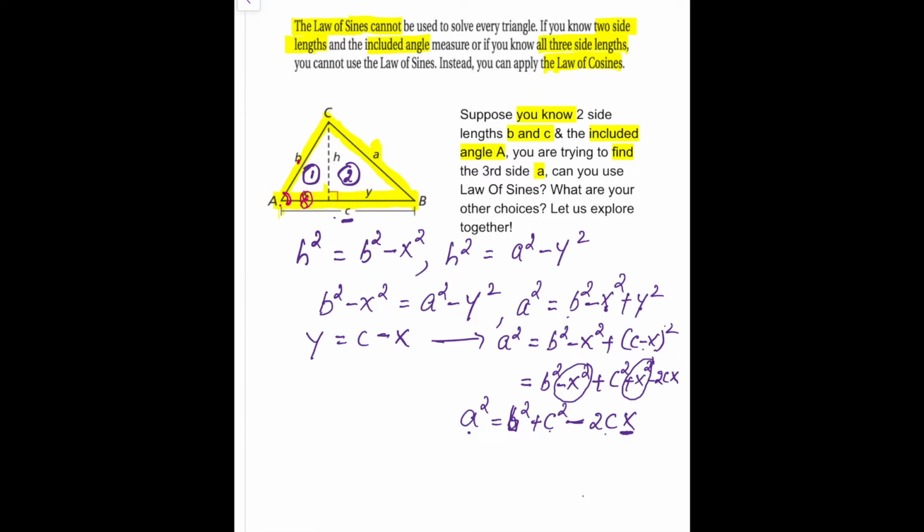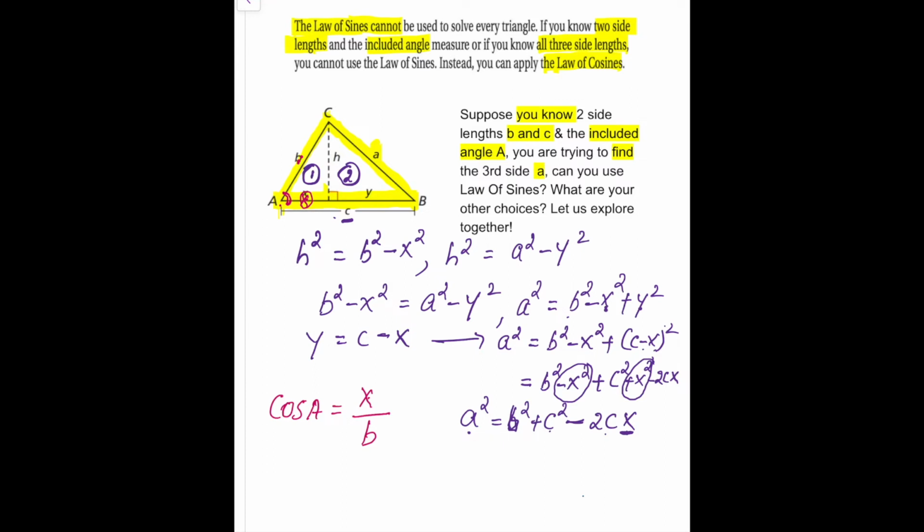What is the trigonometric ratio that relates the adjacent side to the hypotenuse? That is cosine. So cosine of A is equal to the adjacent side, that is x, over the hypotenuse b.